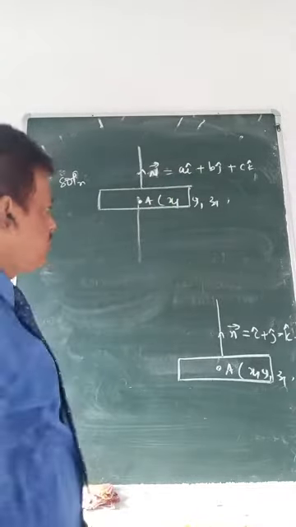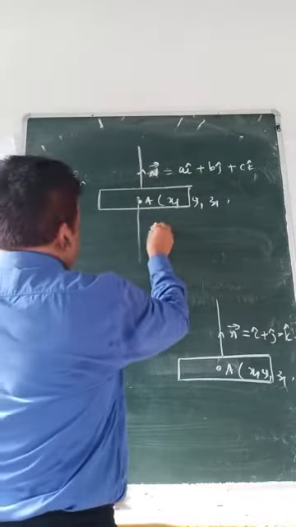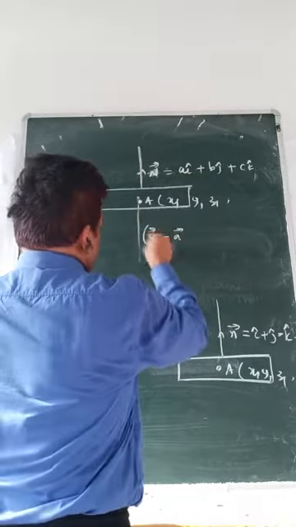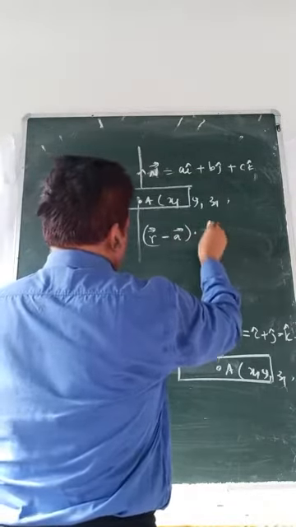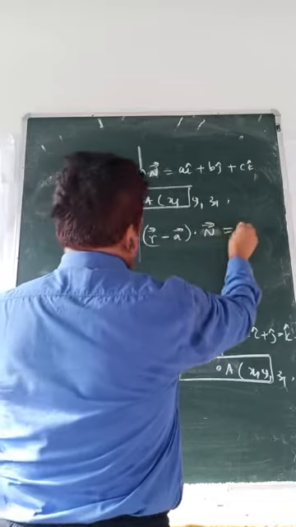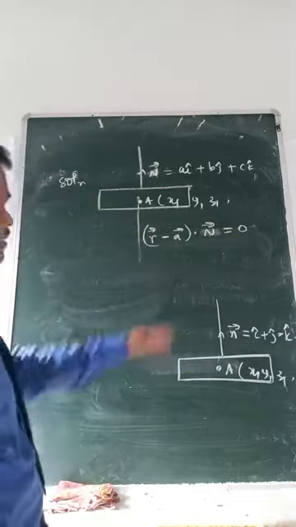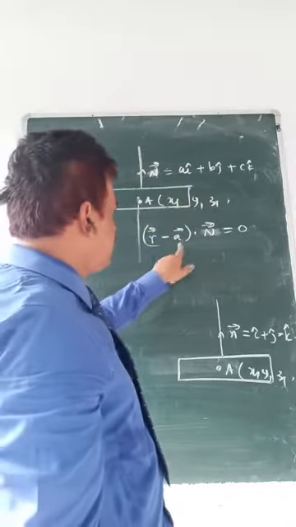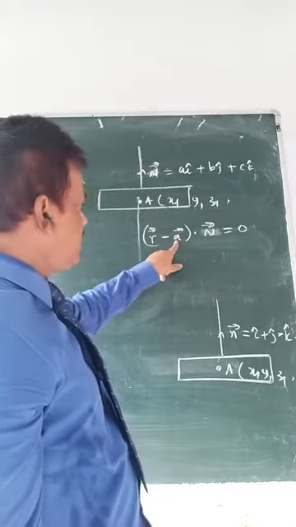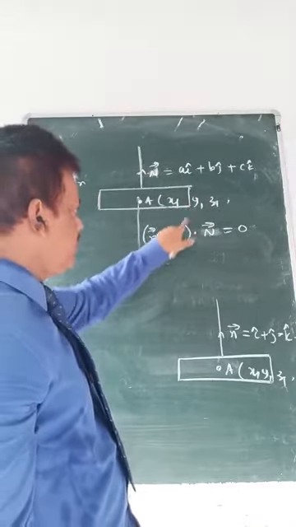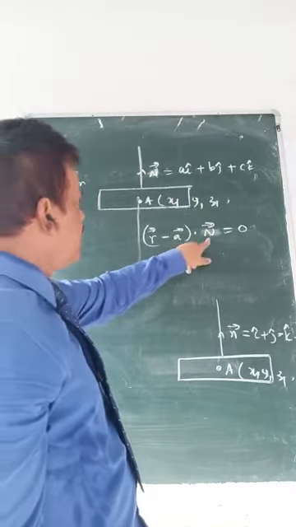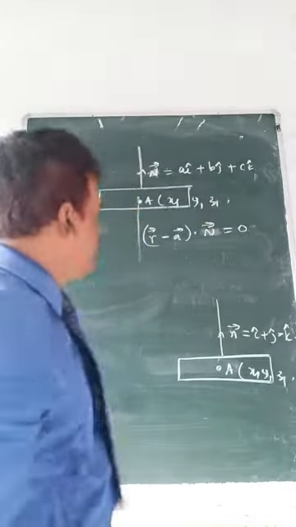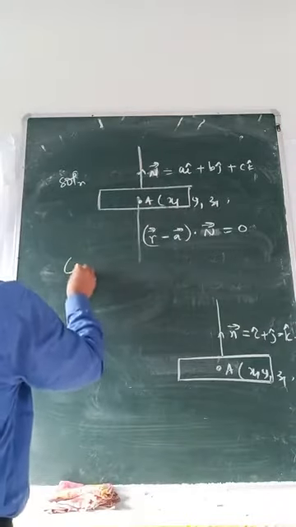Okay. So what is the formula? R minus A vector dot N vector equals 0. This is the formula I have given you. What is A? Now x1, y1, z1 means x1 i plus y1 j plus z1 k dot N means this one. What is the Cartesian form?